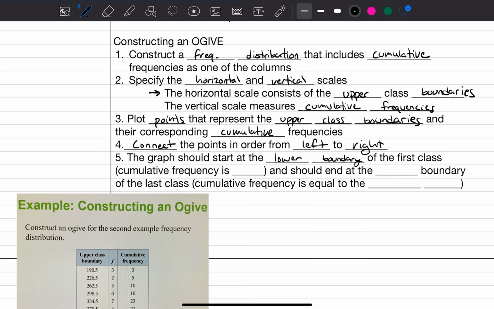The reason for that is because at the lower boundary of the first class, the cumulative frequency is 0, and we want to start at 0 for this type of graph. And when we finish, it should end at the upper boundary of the last class. And there, the cumulative frequency is equal to the sample size. So in the example we've been using, it'll be 30.